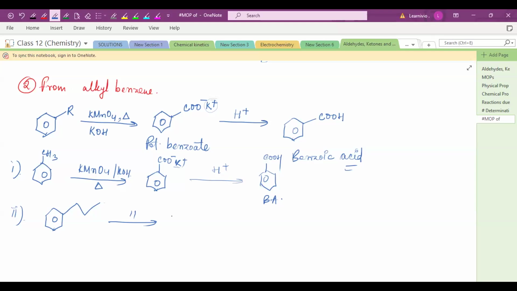The number of carbon should be the same. Quickly note down all the examples.